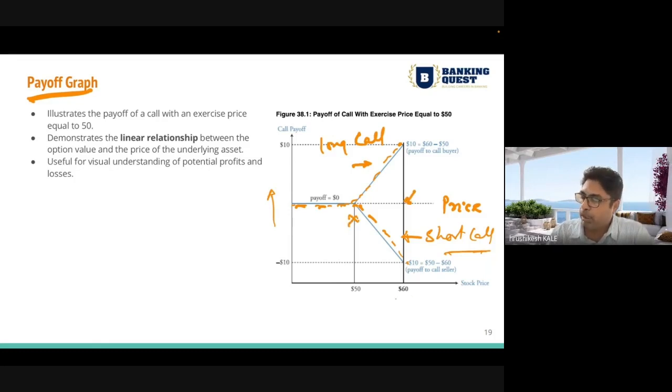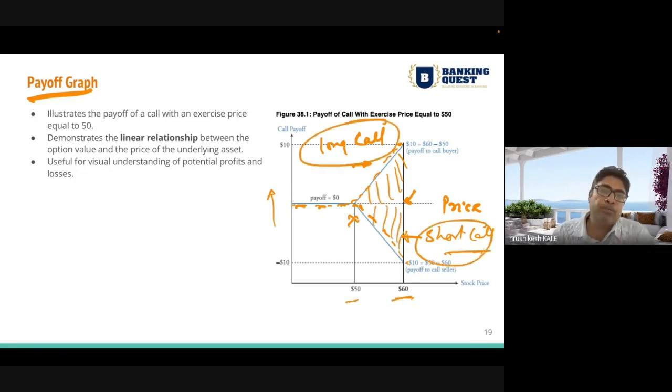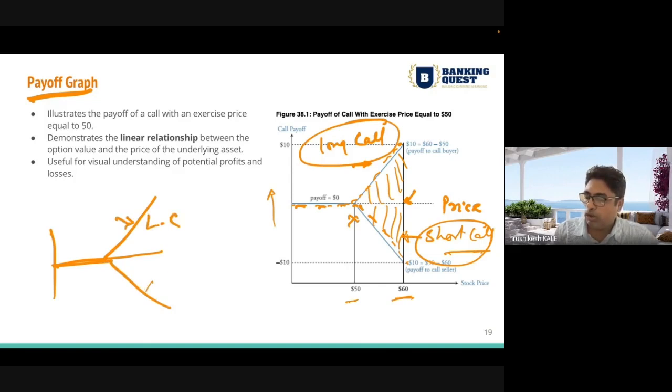And if today's market price is greater than exercise price, you are in profit if you are a long call, or you are in loss if you are in a short call. So depending upon whether you are in a long call position or short call position, you need to calculate a payoff graph. And that should be on the tip of your fingers. You should be able to recognize what is a long call, what is a short call, what is a long put and short put. Because that will help you a lot.